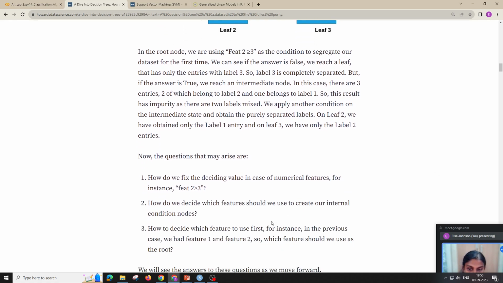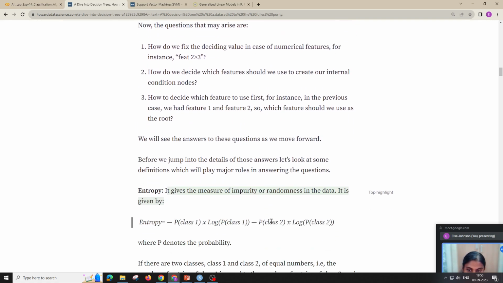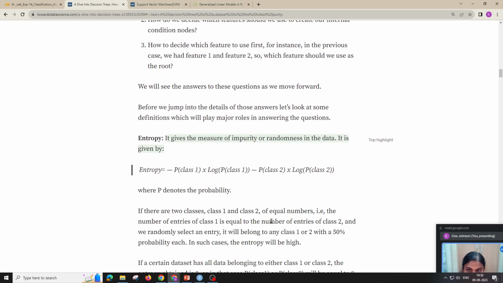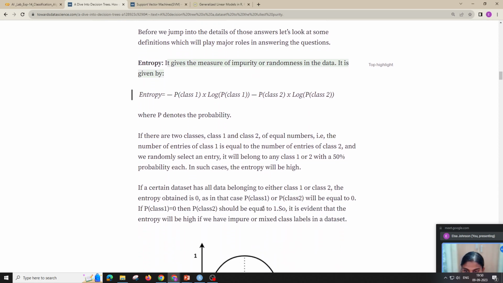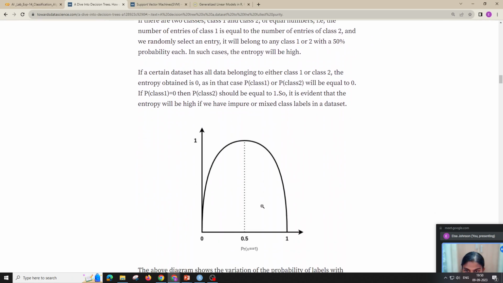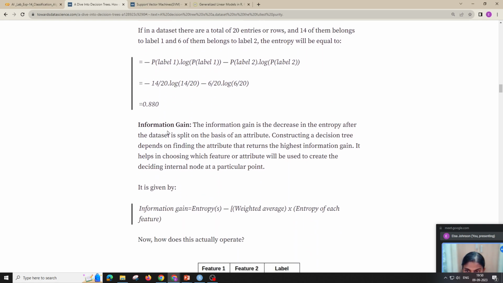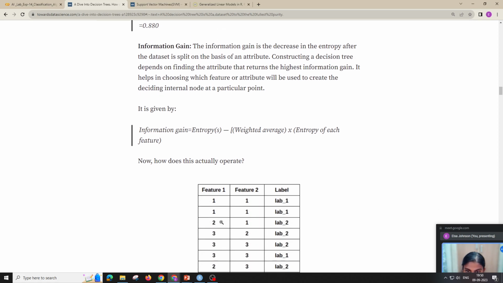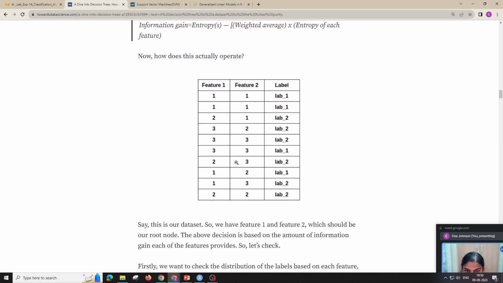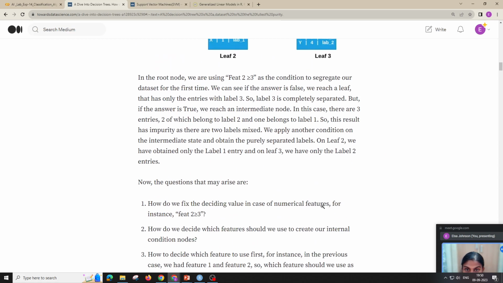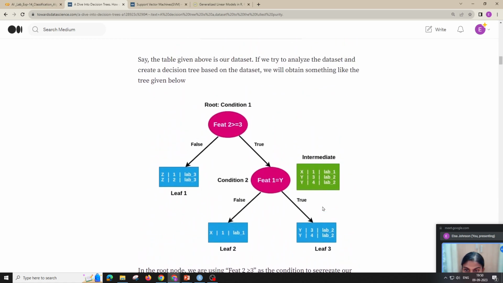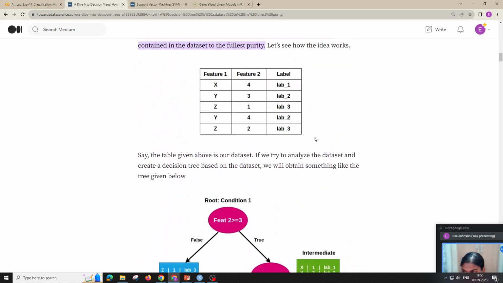You will be forming different trees, and how to find that is given by the entropy. Later you can go through this and see how you are finding it out. For the values where the entropy and the information gain are given, this is the case where more things are coming. At the first level, in this basic example, we can look at the condition and see how it is distributed.